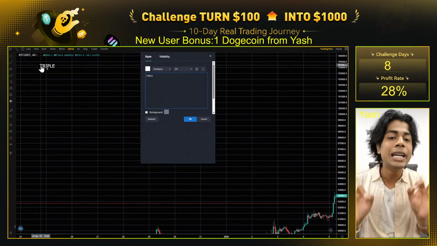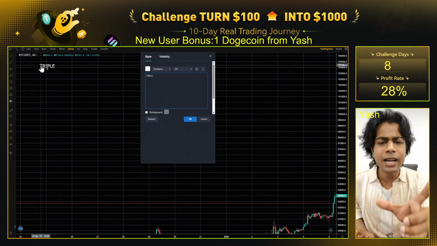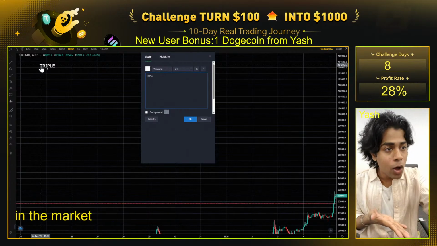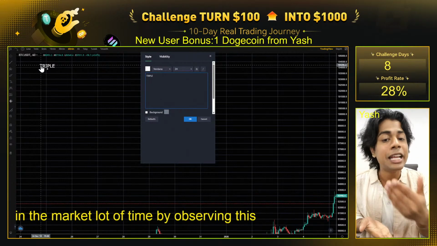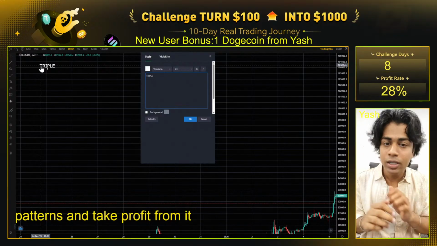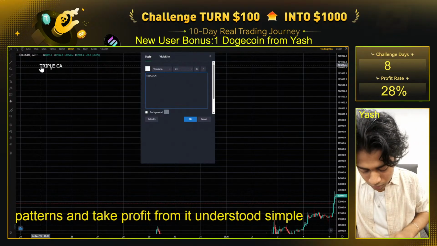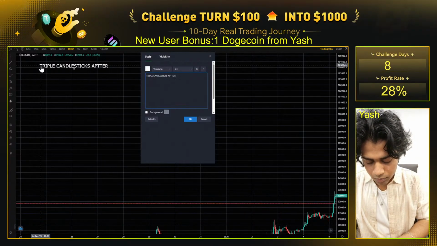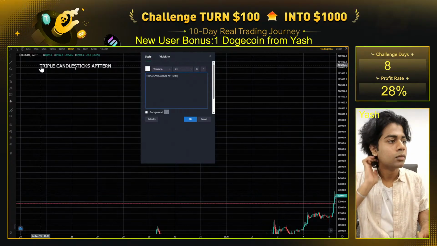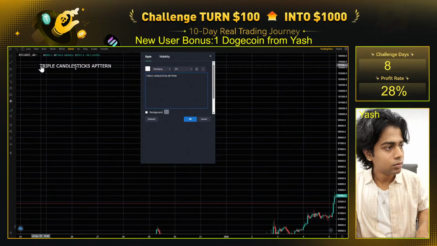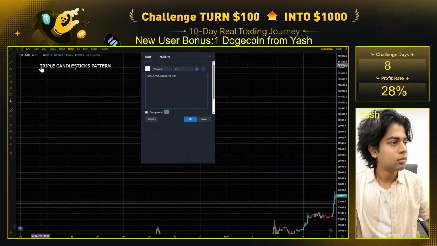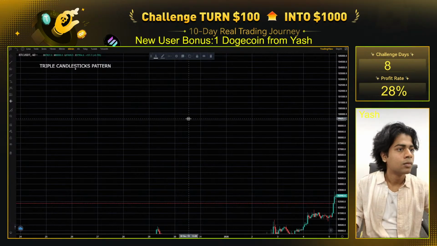This is for everyday future trading, like intraday trading, where in one day you can enter the market a lot of times by observing these candlestick patterns and take profit from it. Okay, understood? Simple.